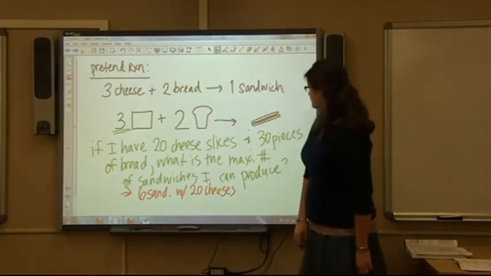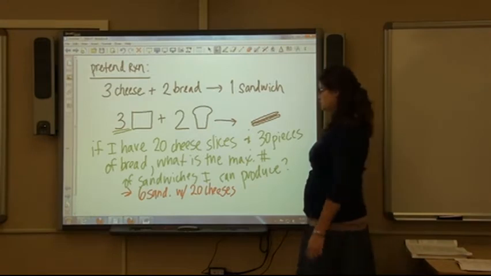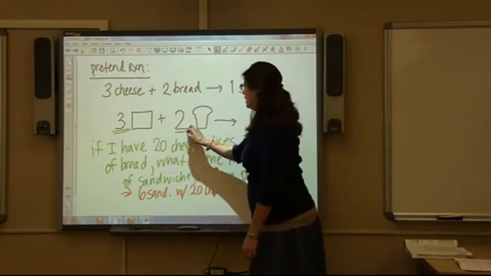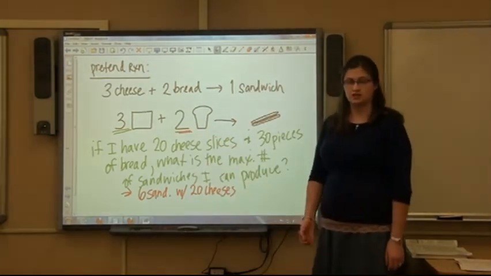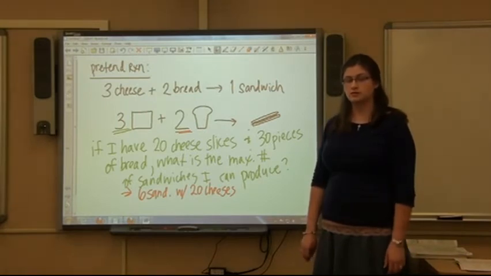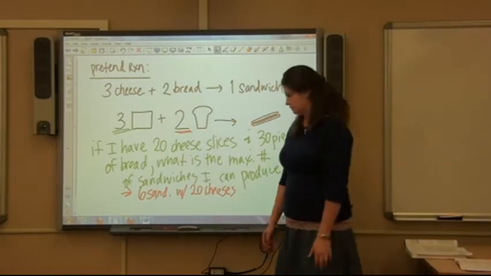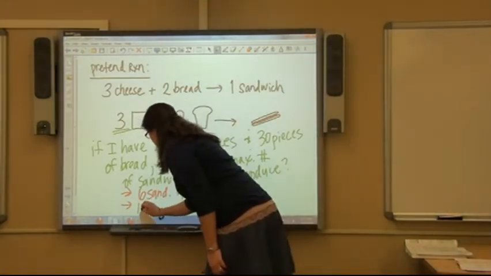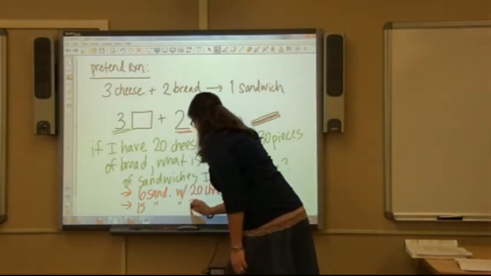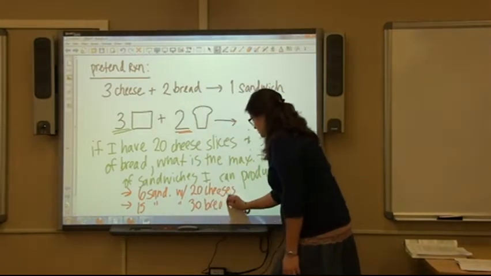Now, if I have 30 pieces of bread, I need 2 pieces of bread for every sandwich. What's the maximum number of sandwiches I can make with those 30 pieces of bread? 15. With 30 breads.